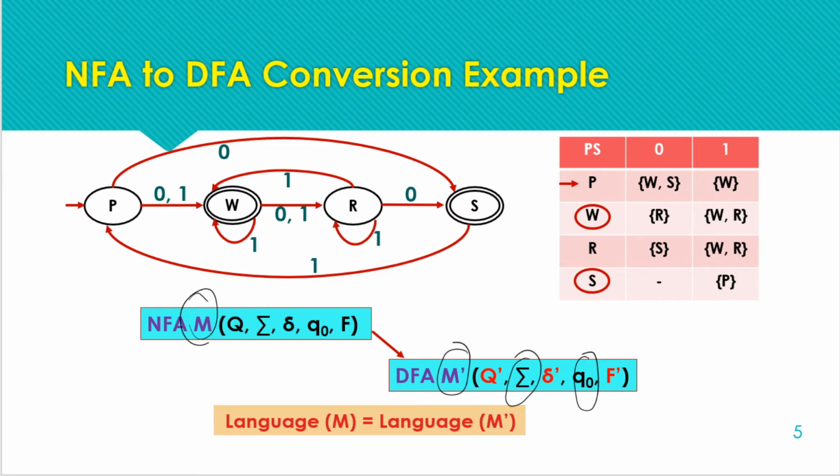The only condition is the language of both machines should be the same, meaning the language of M dash equals the language of M. By language we mean that a string accepted by the NFA should also be accepted by the DFA, and a string rejected by the NFA M should also be rejected by the DFA M dash. So they must have the same set of acceptable strings, and they must reject the same set of strings. So this is the language, or the strings accepted by the machine.